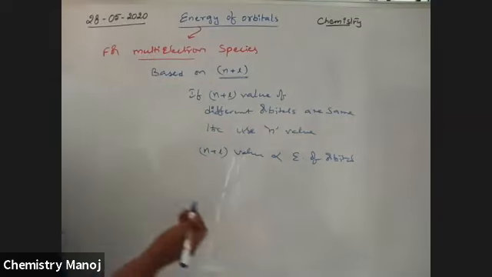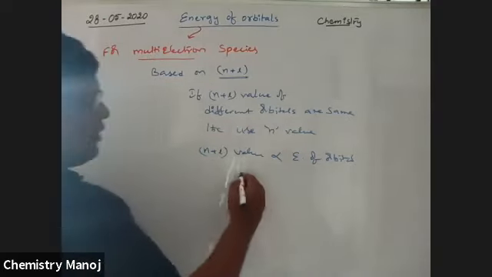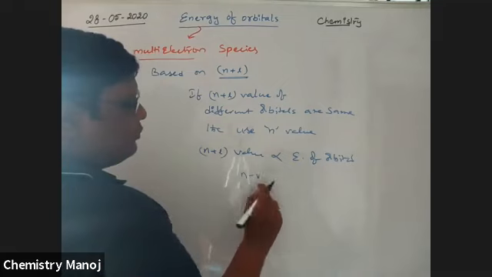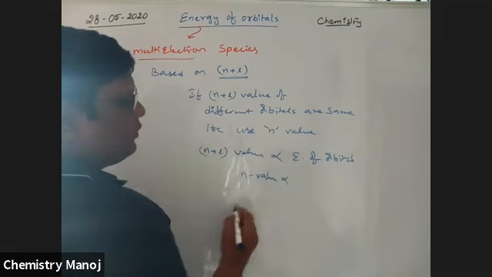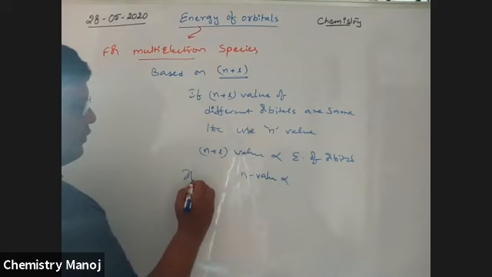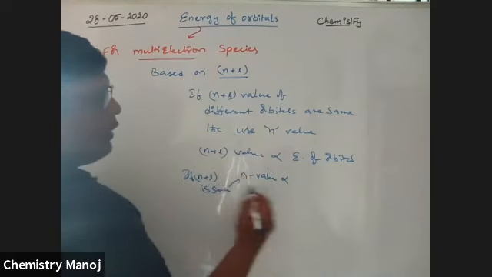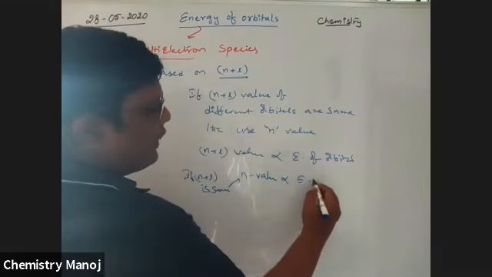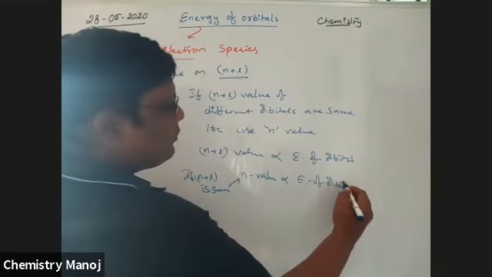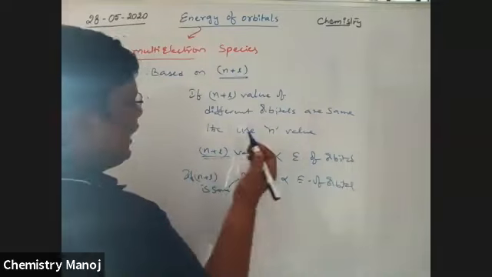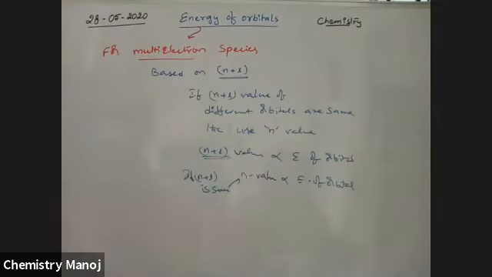If the n plus l value is the same for different orbitals, then the n value is directly proportional to the energy of the orbitals. First of all, you decide with the n plus l value. If the n plus l values are the same, automatically we use the n values. So these are the different cases.